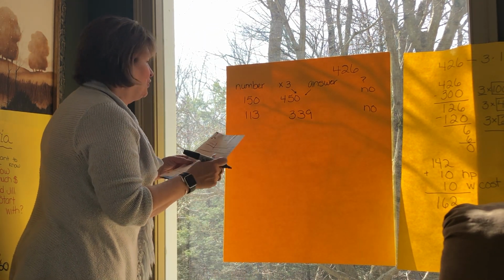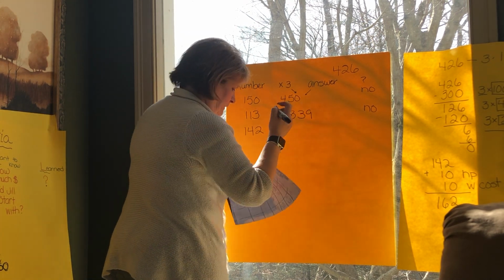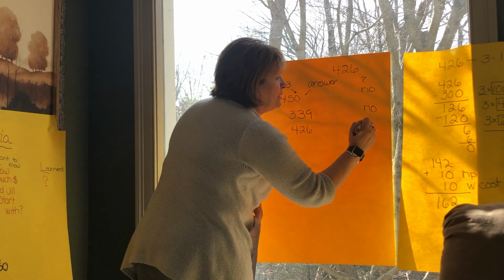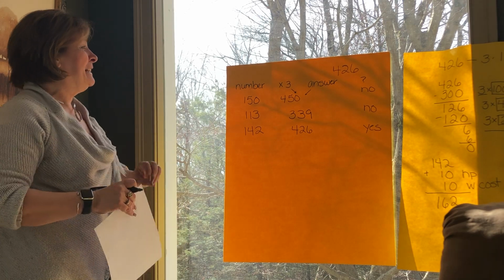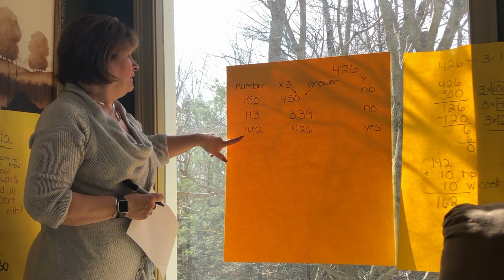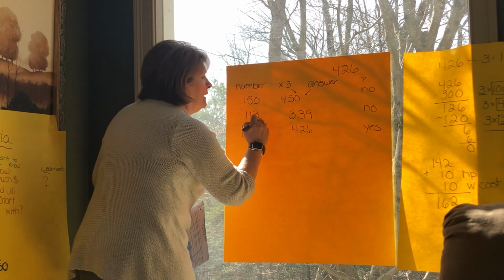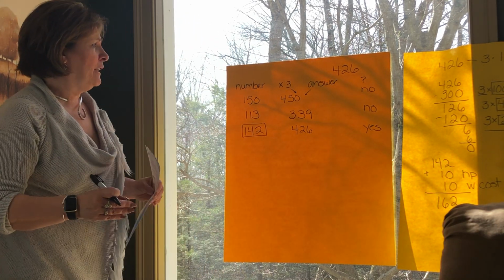And then she tried 142, and she multiplied that times 3, and she got 426. So that was correct. So she knew that at the very end of the problem, Jill had given Kevin 142 Kevish dollars. And that's how she ended up with 426.